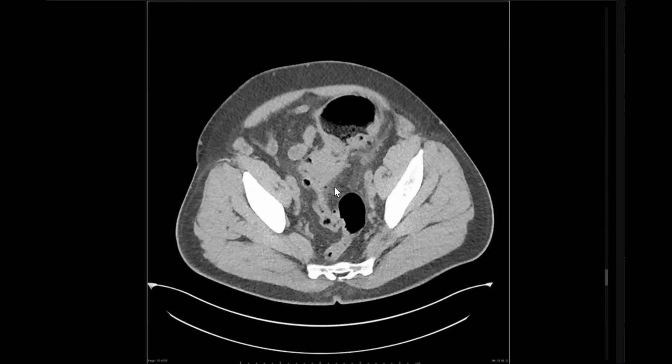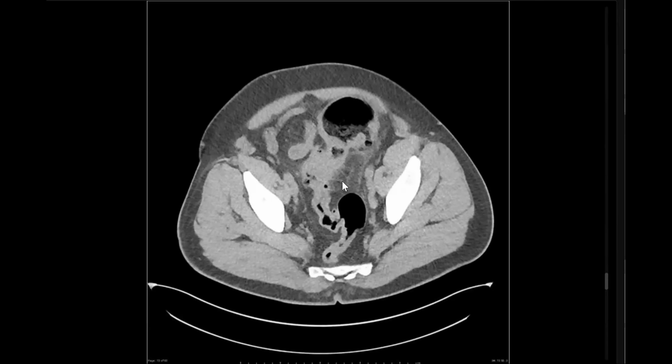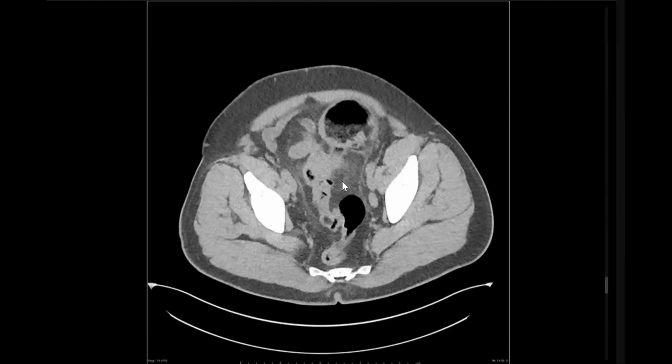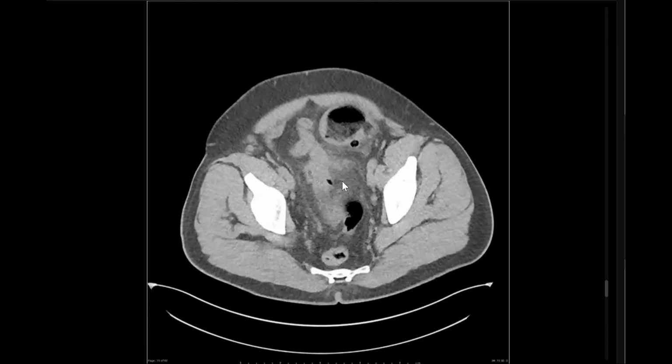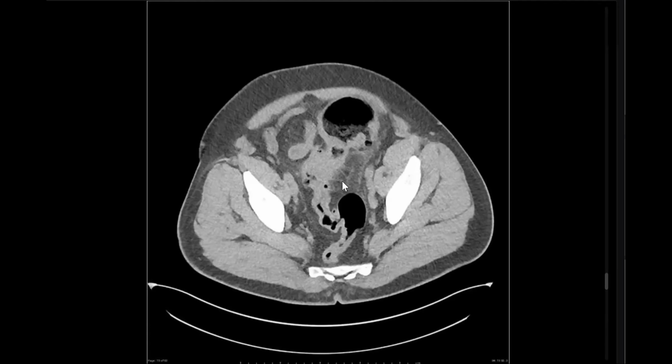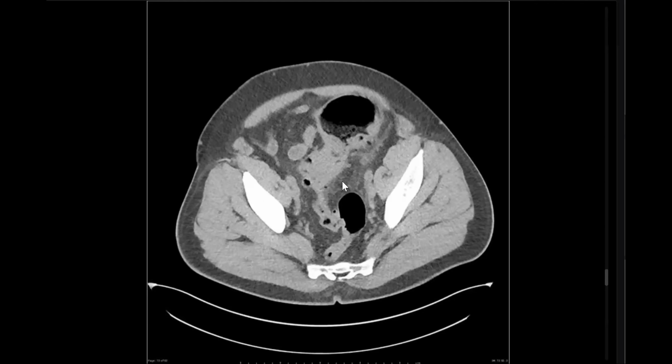There is no significant surrounding fat stranding at this area. Are you sure there is no significant fat stranding? Yes, I see fat stranding here. Okay. There is intramural air also.